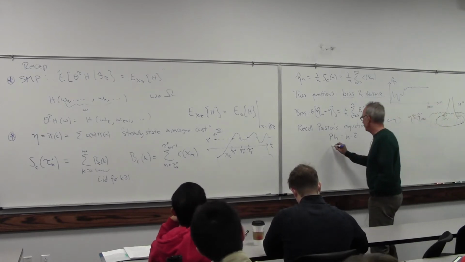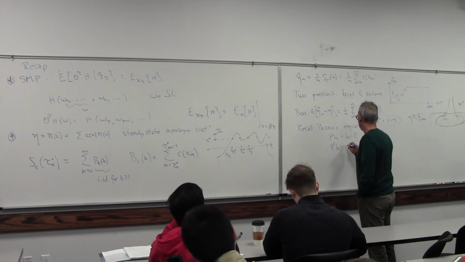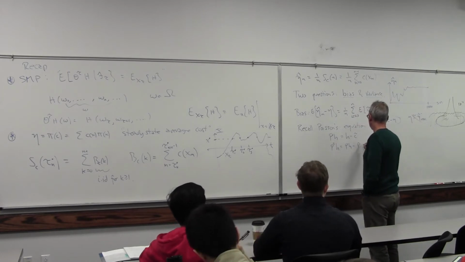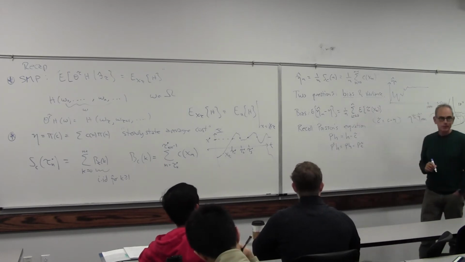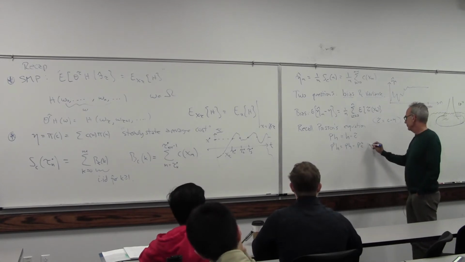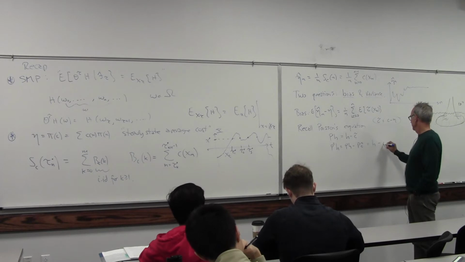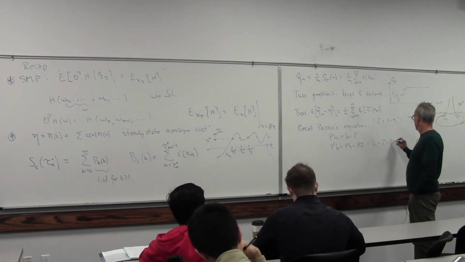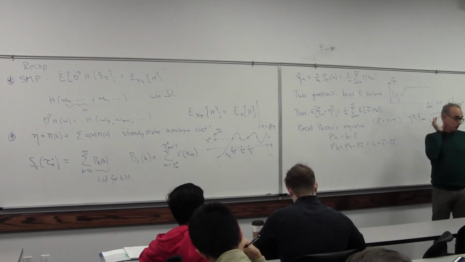So p squared h equals ph minus pc tilde. And what's ph? Well, we just said it's h minus c tilde. And I go back to your notes.